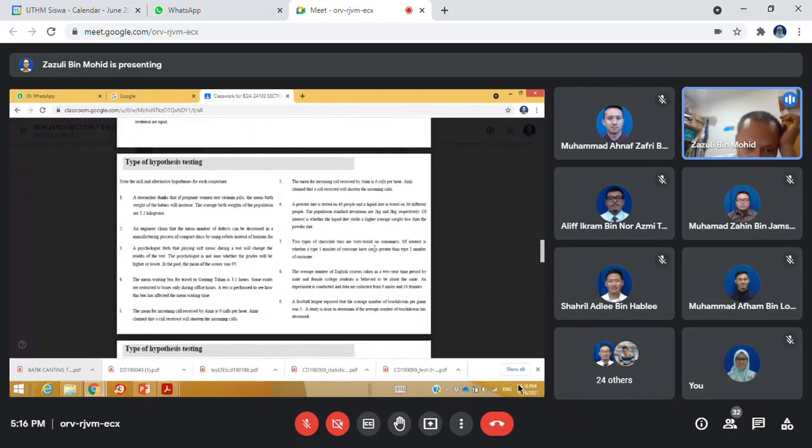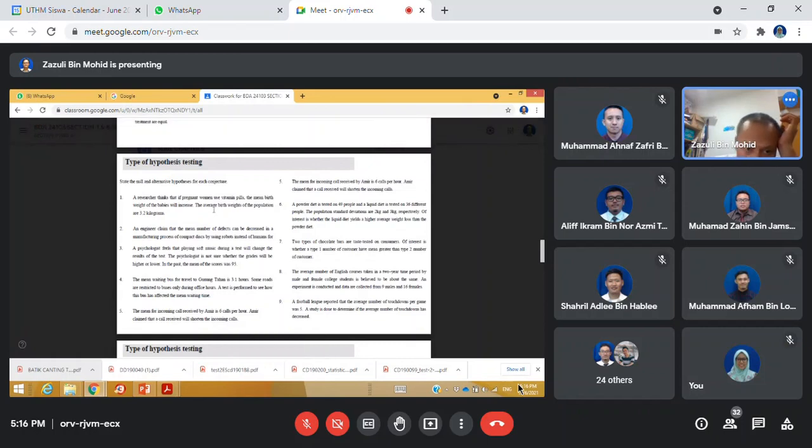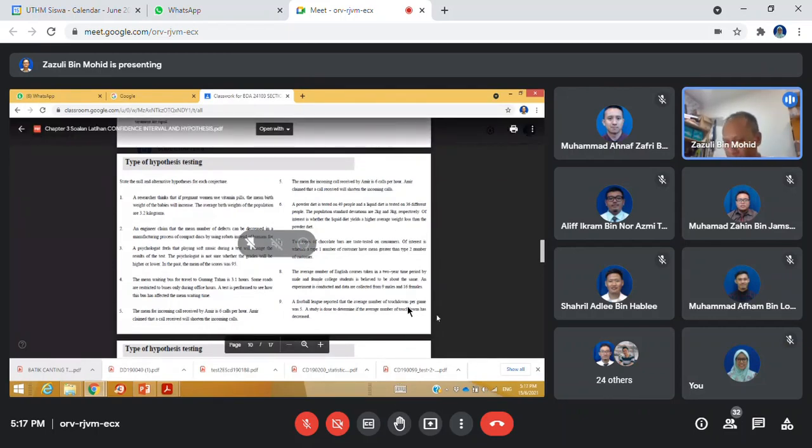So first, don't look at the answer. Read the questions in this chapter first, try to build the hypothesis, and then you can refer back to the answer at the back of the questions.